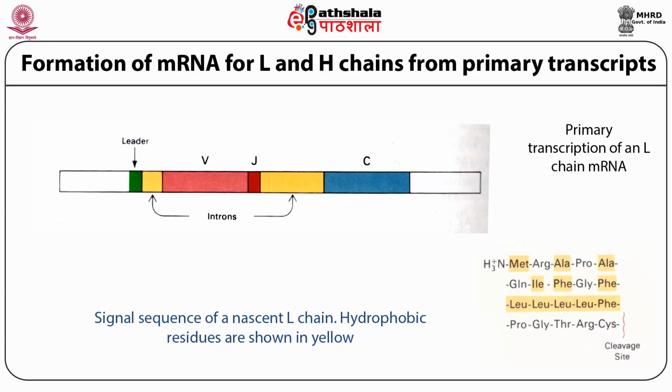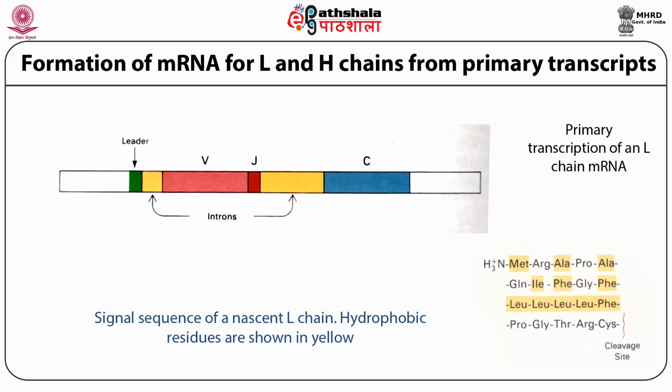The messenger RNA for kappa chain has 1250 bases. It's a typical eukaryotic messenger RNA with untranslated regions at both ends, a poly A tail, and a leader sequence.